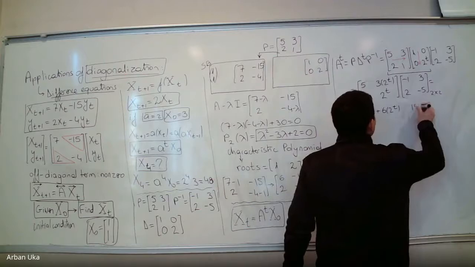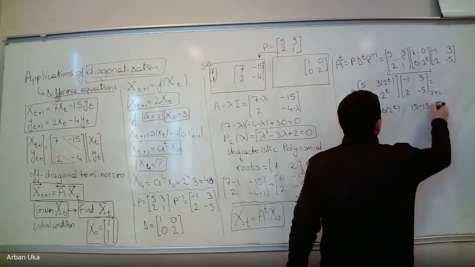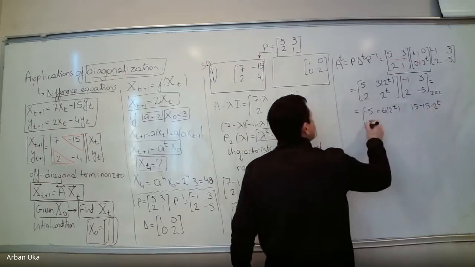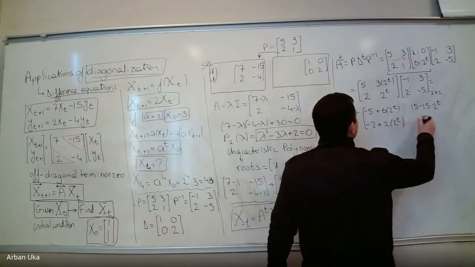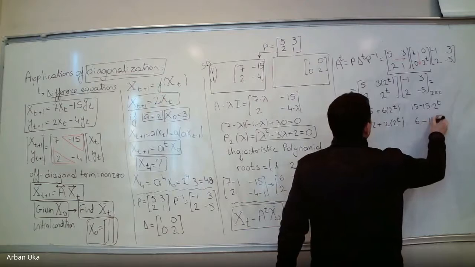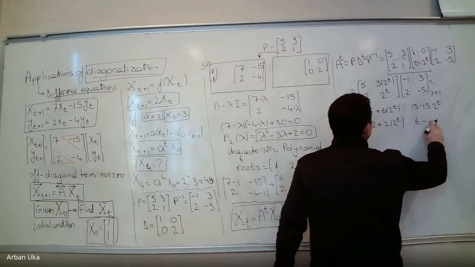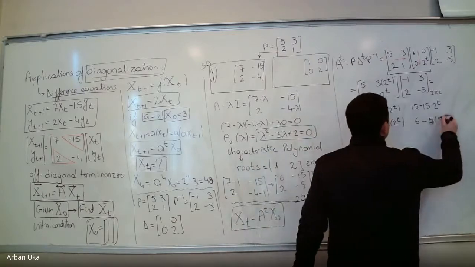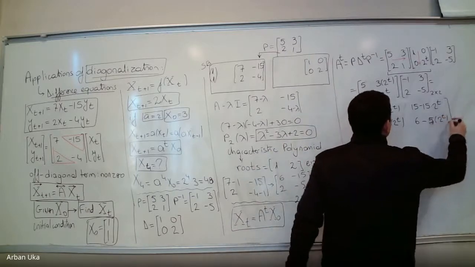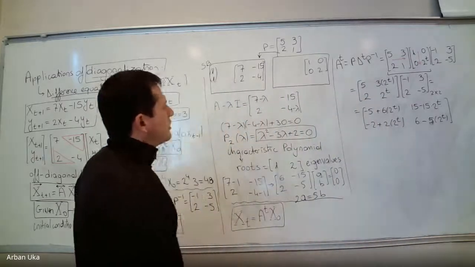Then here we get 15 minus 15 times 2 to the power of t. Minus 2 plus 2 times 2 to the power of t. 6 minus 5 times 2 to the power t. Okay, so this is A to the power t.